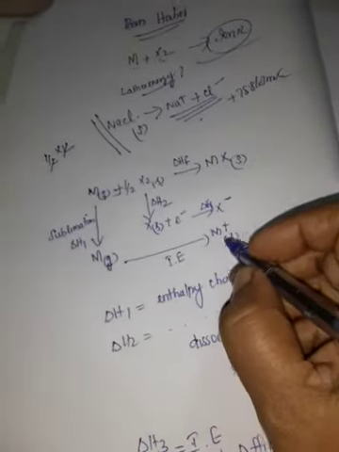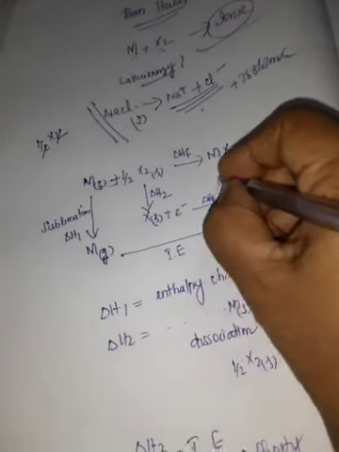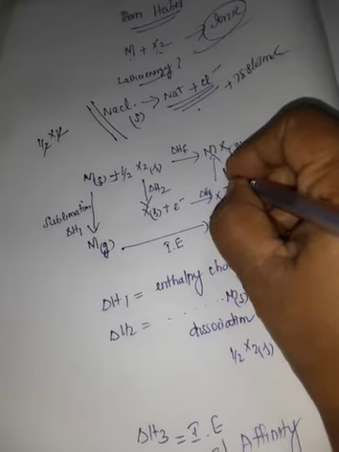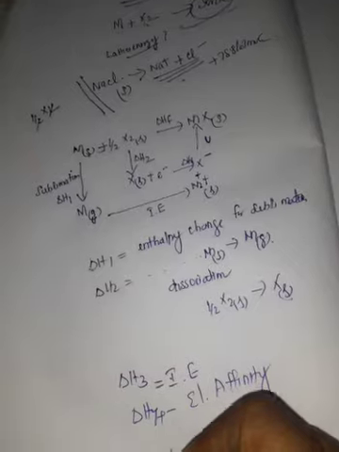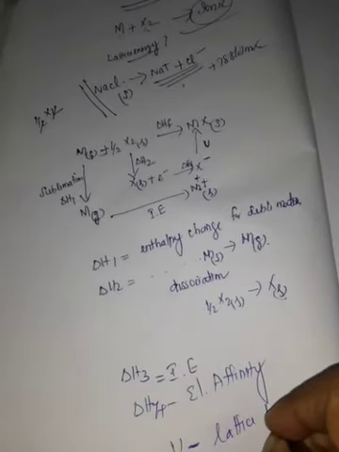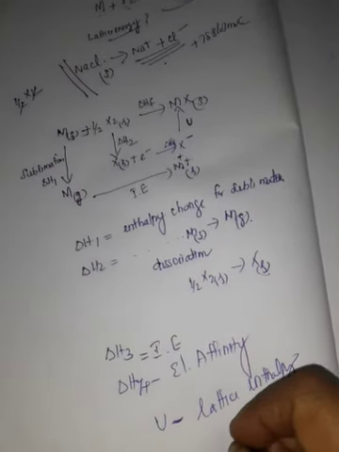Next, the last one. This M plus and this X minus combine, giving the final compound MX. This is called U, internal energy. So U is the lattice enthalpy for formation of MX.